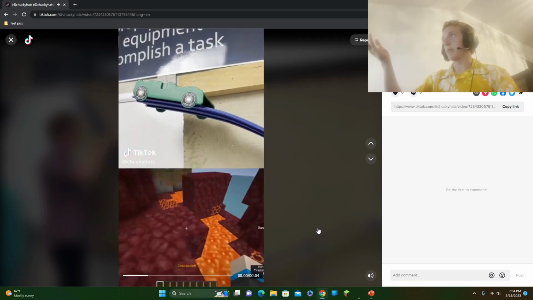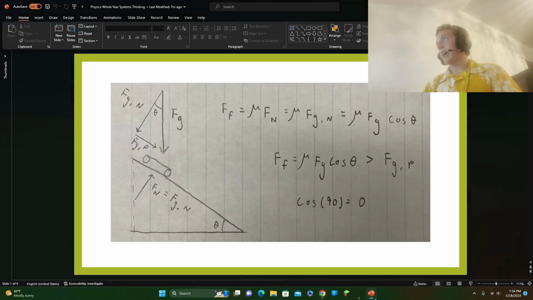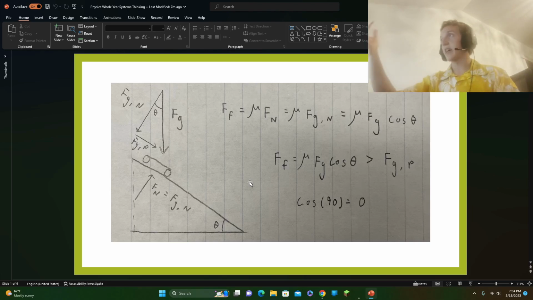In this case, it's a little bit of both. So the way to mitigate that obviously would be to make the coefficient of friction go down, so the force of friction would go down, or as we can see in this diagram, the normal force is what the force of friction depends on. So by decreasing the normal force, we can also decrease the force of friction.